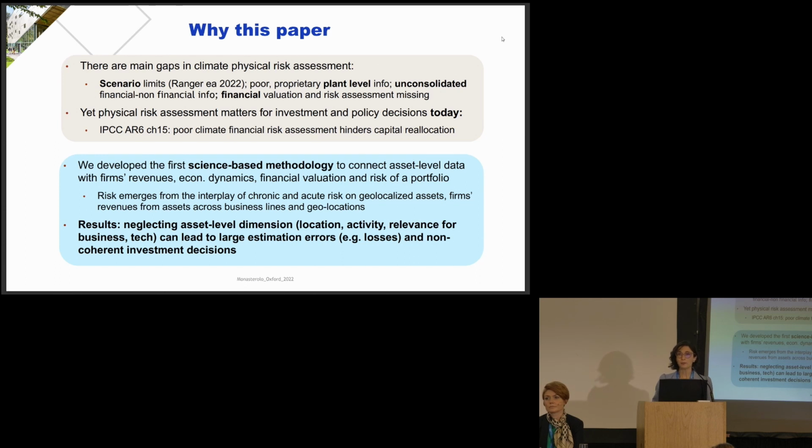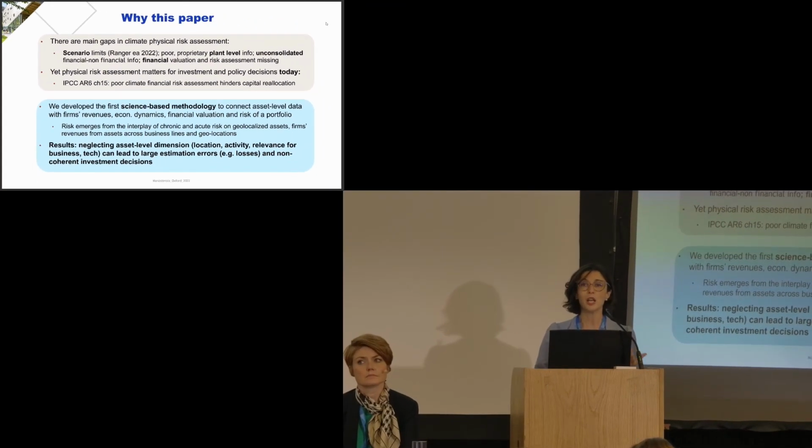Where are the gaps? First gaps are on scenarios. We published last year a paper together with Nicola and Olivier about the limits of scenarios for physical risk assessment. Mostly they have only chronic or acute and not both. Then the second issue is about information. We still miss information at plant level, so most information is either poor or proprietary, and it's not standardized.